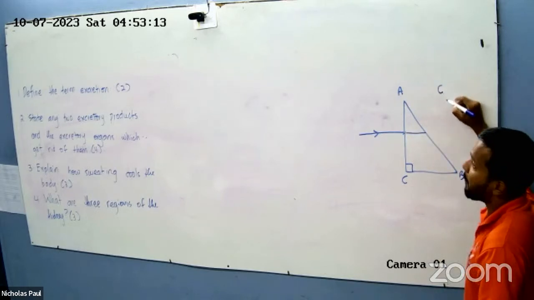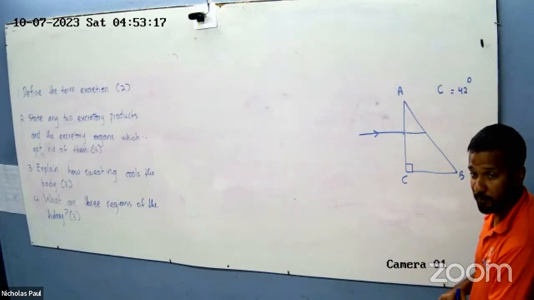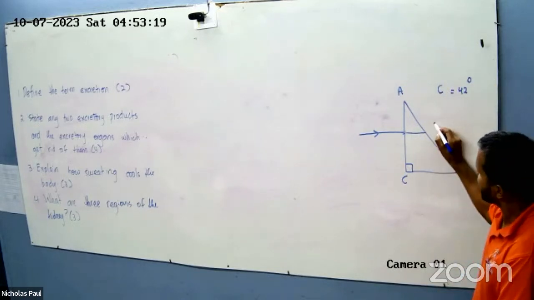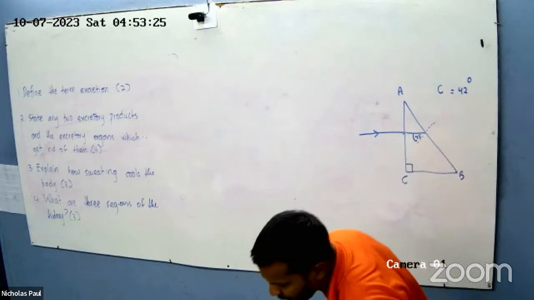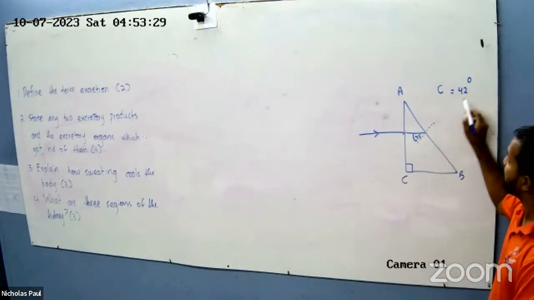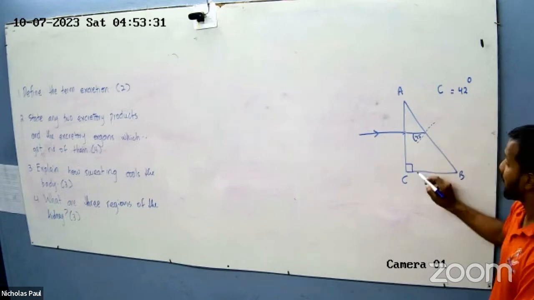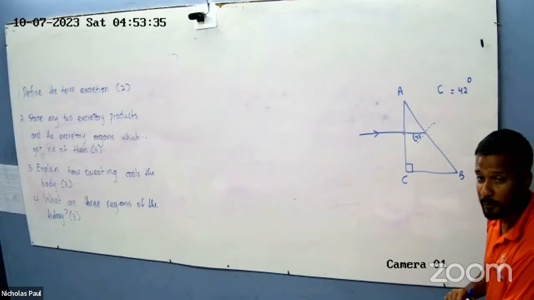We should remember that the critical angle for glass is around 42 degrees. When the ray hits this surface here, the angle is 45. So what do you think will happen? 45 is more than the critical angle, and glass is more dense than air. So what will happen?